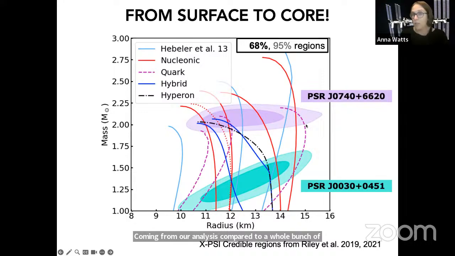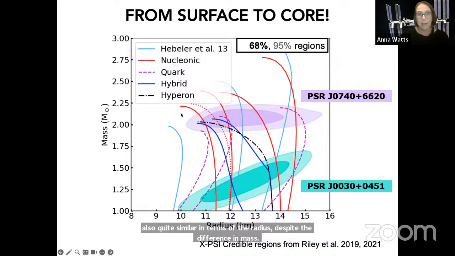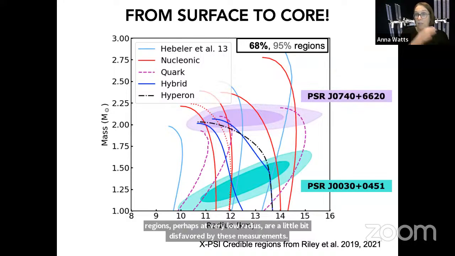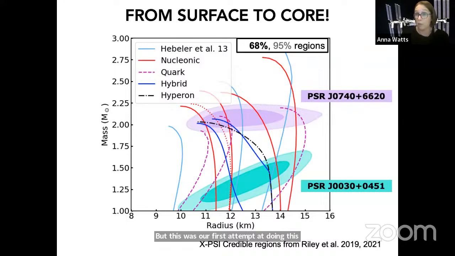So you can see these regions are still reasonably large at the moment. They're also quite similar in terms of the radius, despite the difference in mass, which we found quite interesting. And you can already see it looks like some of these regions, perhaps at very low radius, are a little bit disfavored by these measurements. But this was our first attempt at doing this with smallish data sets. And as we build up more data, these regions in principle should shrink.